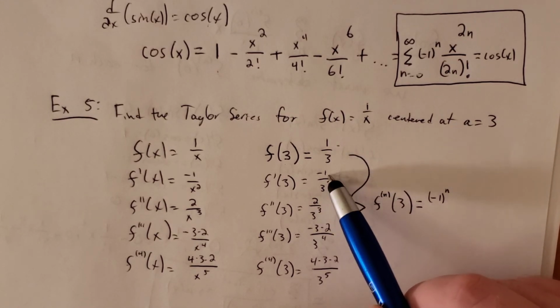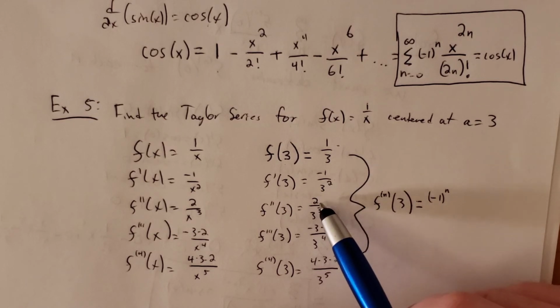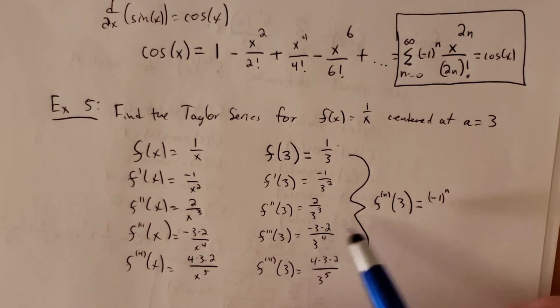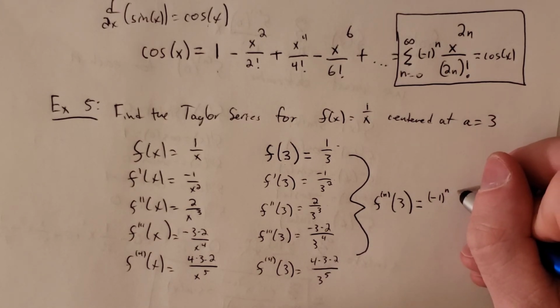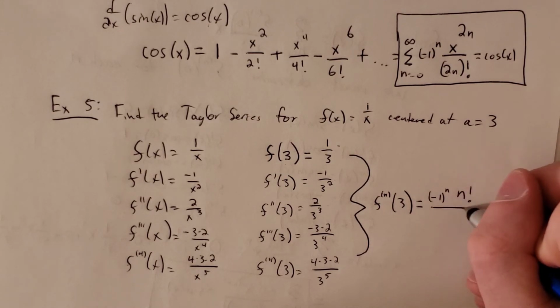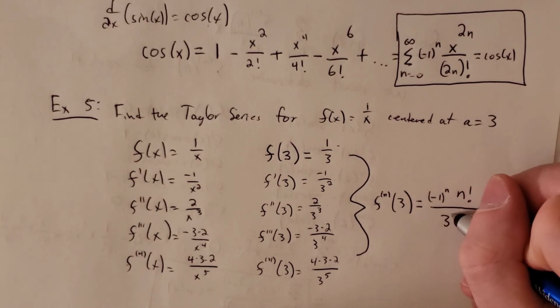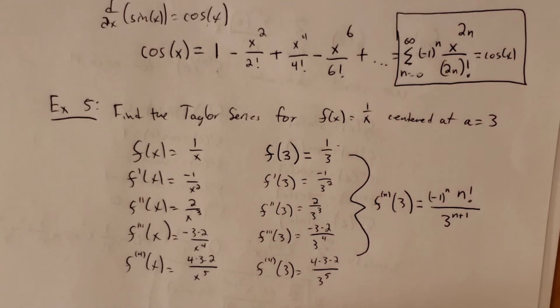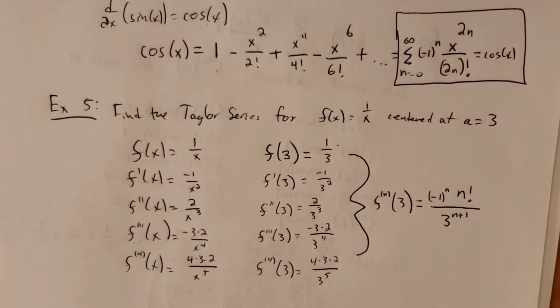Then n equals 1, well, 1 factorial. n equals 2, we get 2 factorial. n equals 3, we get 3 factorial. n equals 4, we get 4 factorial. So this is, in fact, just n factorial in the numerator, all divided by 3 raised to the n plus first power. And so this is our formula for the nth derivative of f evaluated at 3.